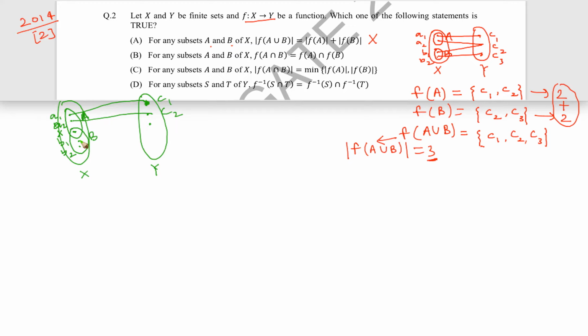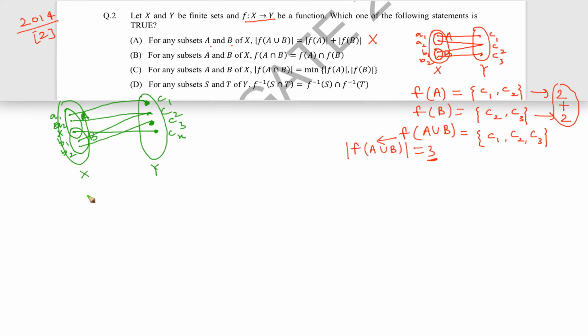Let's say firstly b1 maps to c2 and b2 maps to c3, so this is c3. And now this element x, let's say there is another element, let's say cx, and this element x maps to this element.